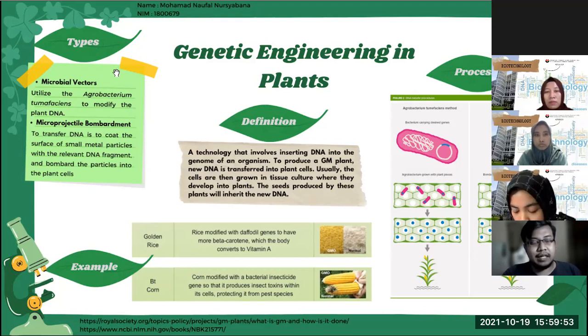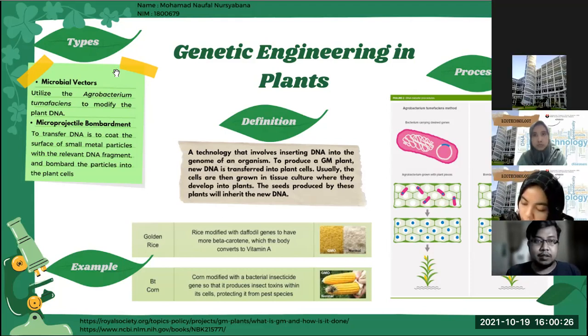So there is this article that I found that suggests that we use the genetic engineered plant to make it have more nutrition in it. For example, it could have more vitamins, more zinc and other nutritional benefits for our body. So yeah, it could be used to save the world from hunger.